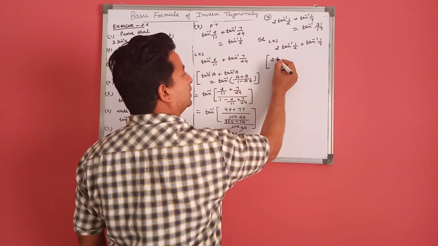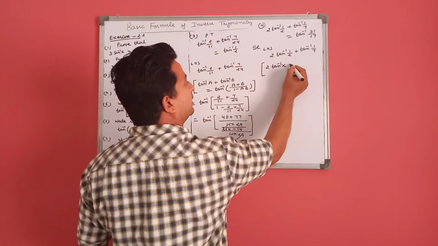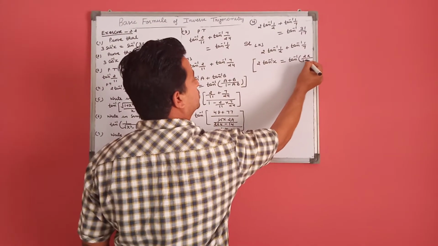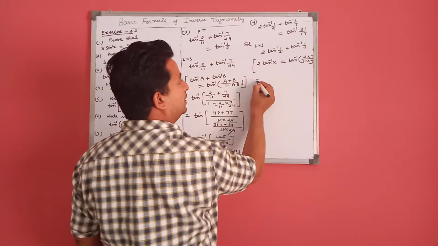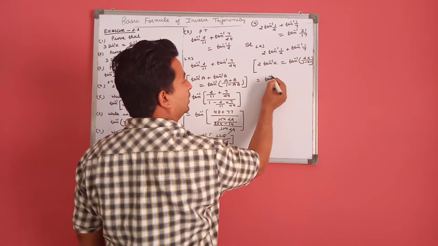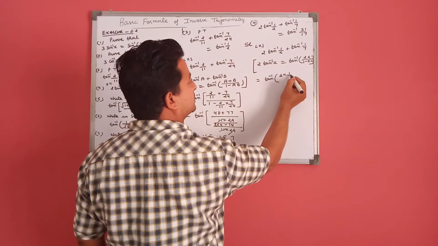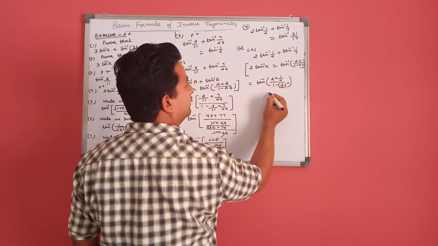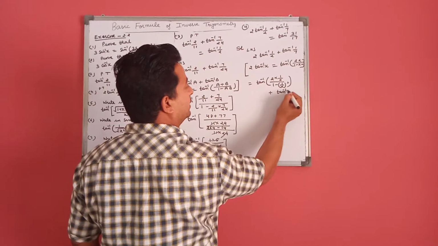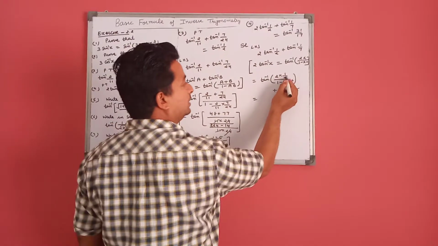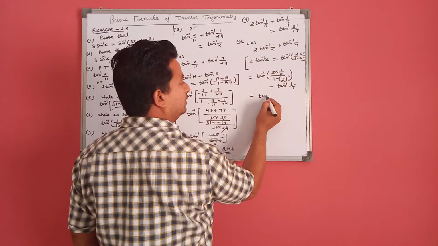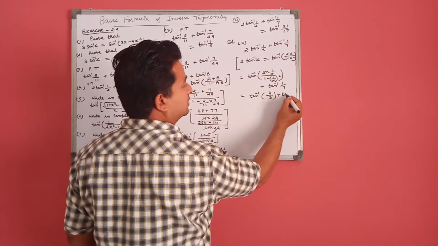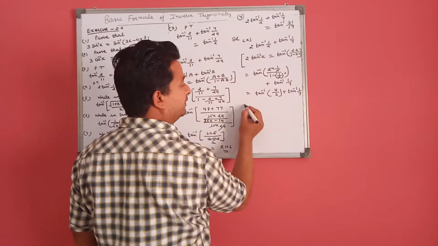As we know, the formula of 2 tan inverse x in terms of tan is 2x over 1 minus x square. Apply this formula, x is 1 by 2, 1 minus 1 by 2 whole square, plus tan inverse 1 by 7. This cancels out. This becomes tan inverse 4 upon 3 plus tan inverse 1 by 7.